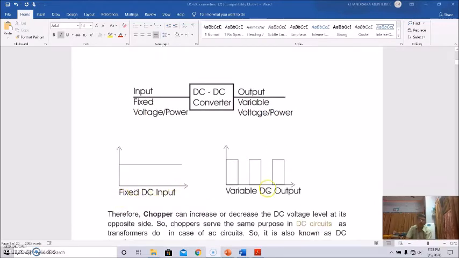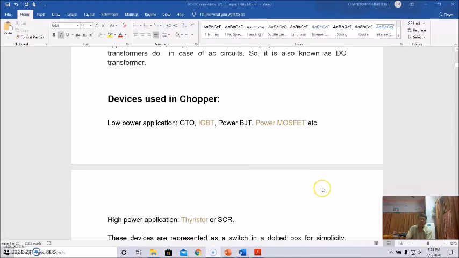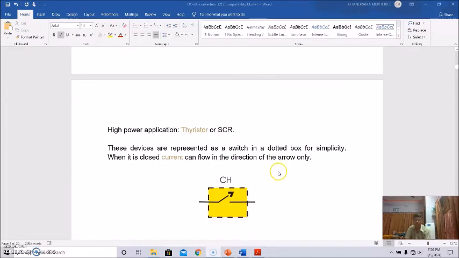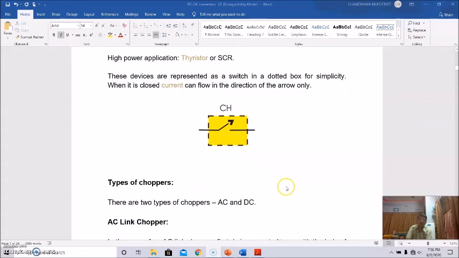This is a representation of a fixed DC input to a variable DC output. For low power applications the components used are GTO, IGBT, power MOSFET, and for high power applications thyristors. Basically it is a high-speed switch, and the symbol is shown like this.